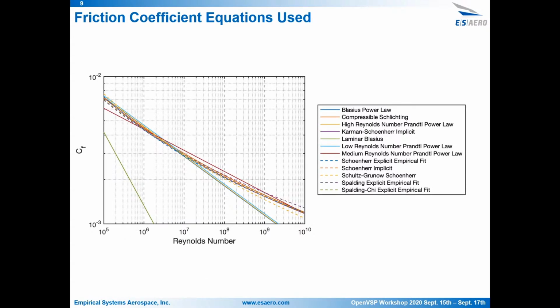And then here's a comparison plot of those different friction coefficient equations plotted against Reynolds number. A lot of them line up fairly on top of each other. I think in early iterations of the parasite drag tool, there was an error in some of the equations. That's since been fixed. And here's the latest version of the friction coefficients.